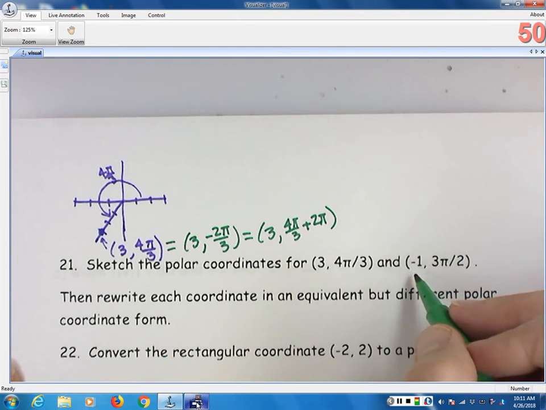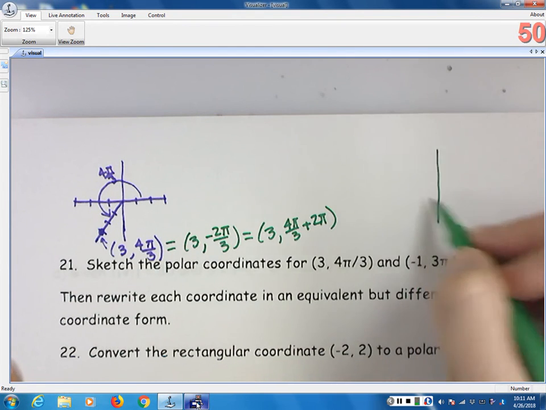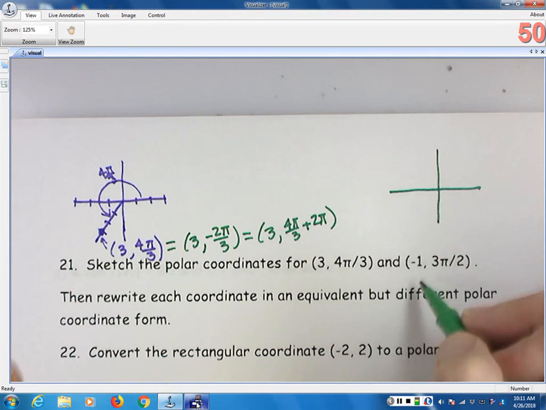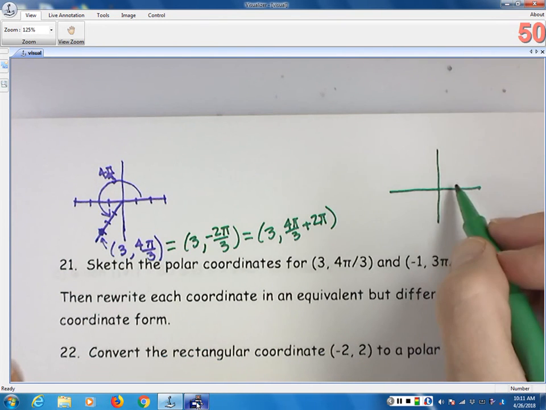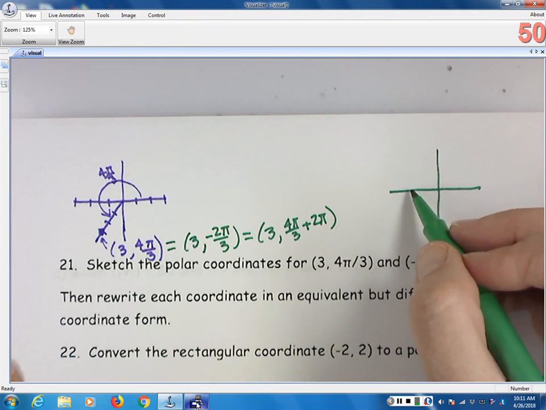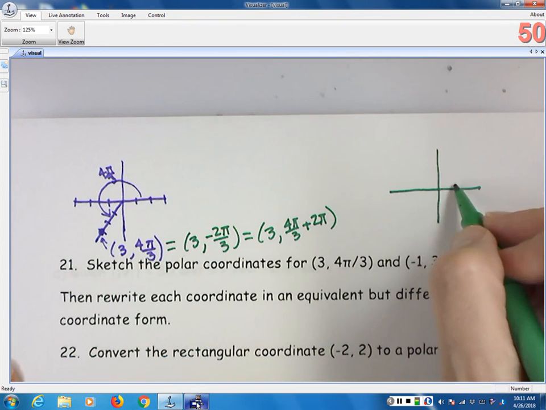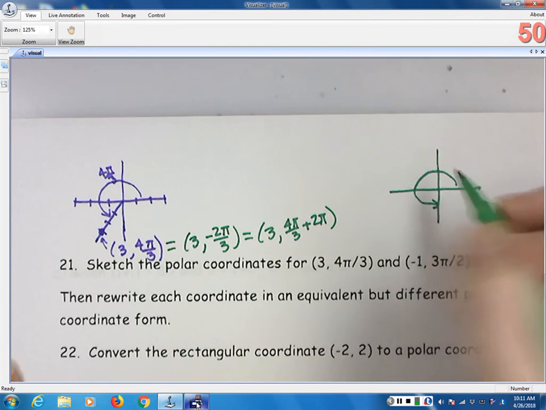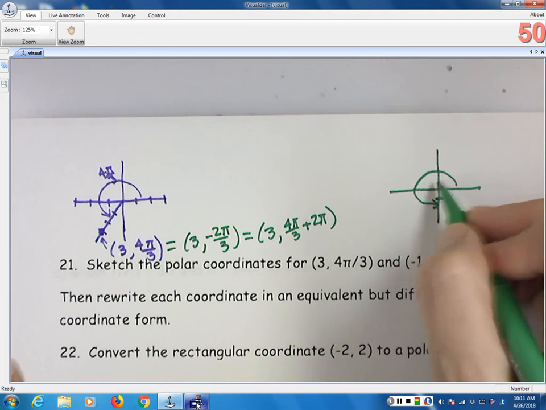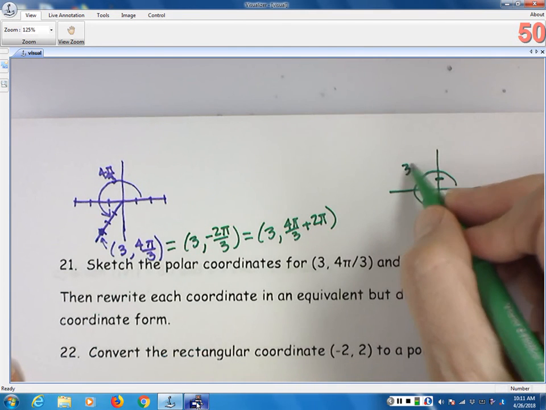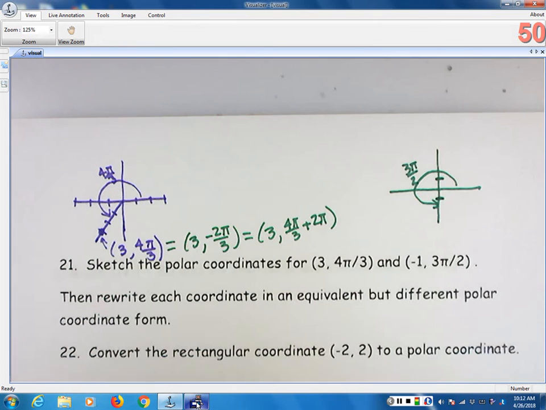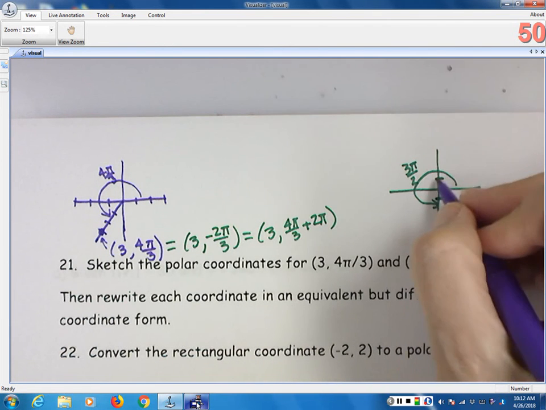That's when you add just pi, right? The negative sign on R means the angle is 3 pi over 2. The angle's here. If this is 1, that's 3 pi over 2. Our point, though, because it's a negative 1, is here.